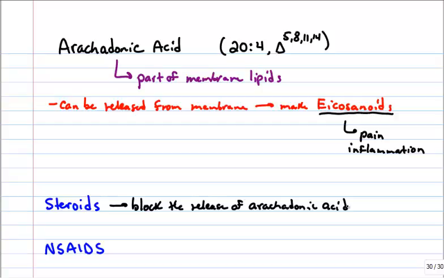Now, another type of molecule can reduce inflammation and pain, and those are NSAIDs, non-steroidal anti-inflammatory drugs. They actually block the synthesis of eicosanoids.